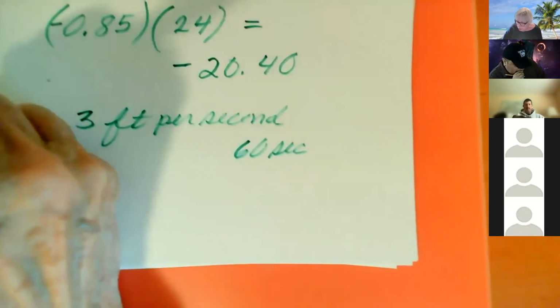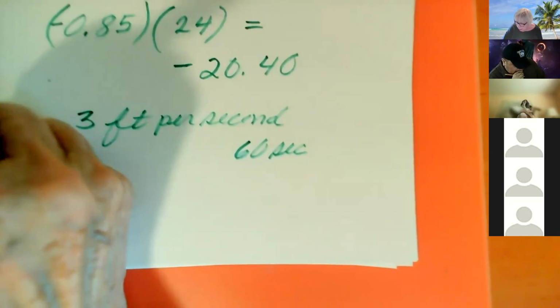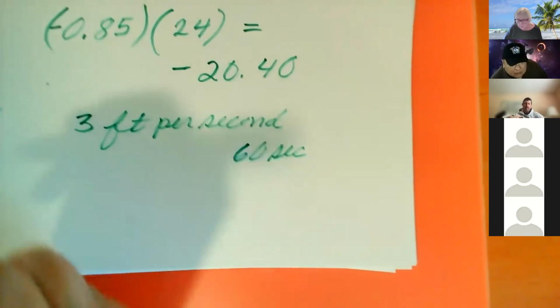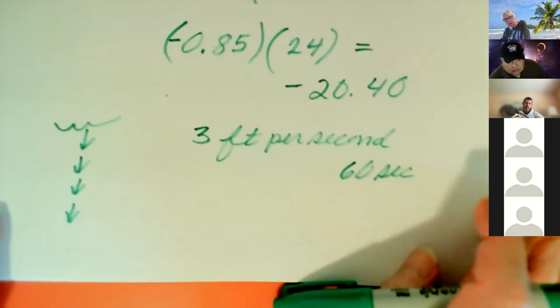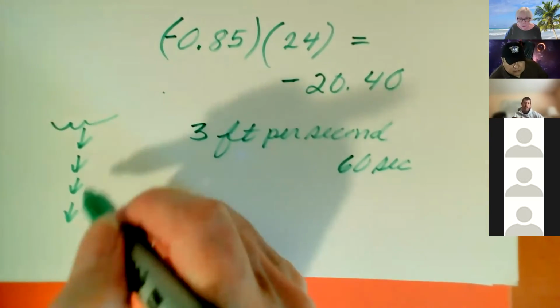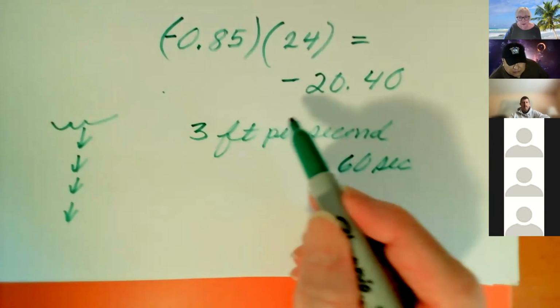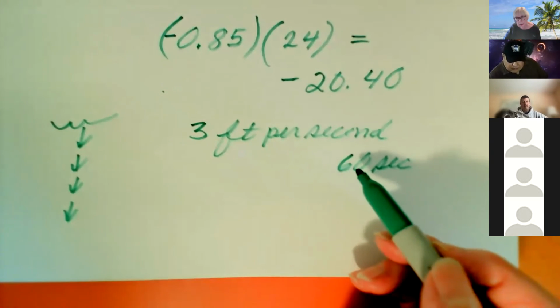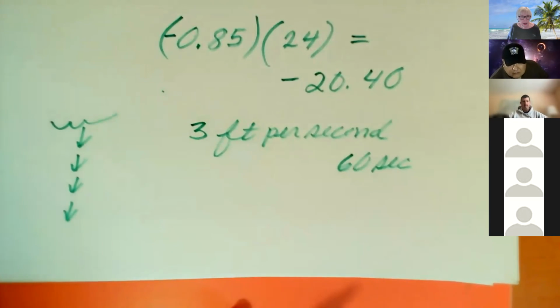Okay, so here's the water, 3 feet a second. So 3 feet for each second times 60. How do I write that with the positive and negative numbers and get an answer?